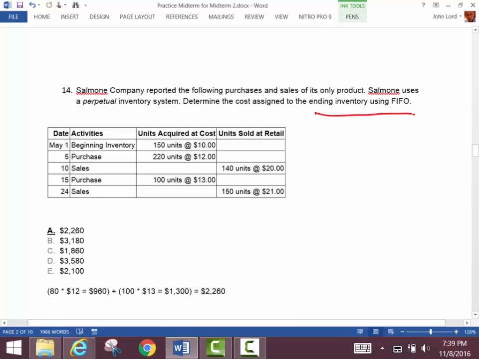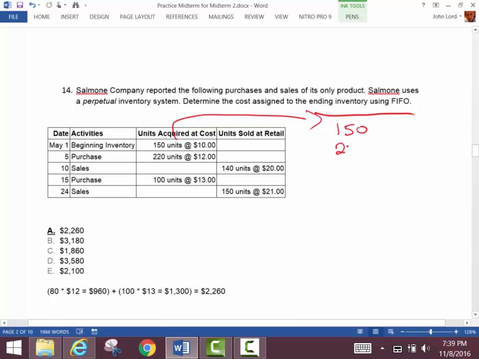Now, when I did the ending inventory, I did it a little bit differently than the way the book did. I don't want to give you the book solution because I don't feel that their way is intuitive. What I did was I'm just going to add up how many units I have available. I have 150 available from beginning inventory, right? Just bringing these numbers over.